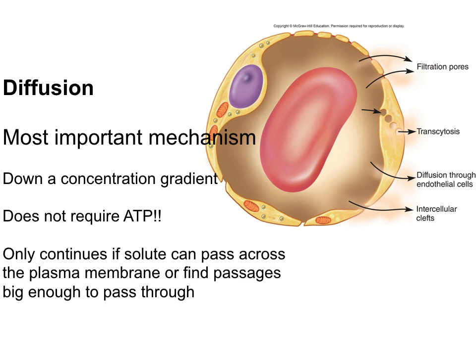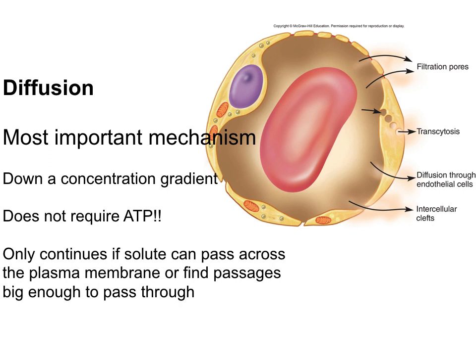The most important mechanism of exchange across the vessel wall is diffusion. Now remember, in diffusion, chemicals are moving from areas of high concentration to areas of low concentration, meaning they're moving down their concentration gradients. This movement does not require ATP, so it's very user-friendly for the body.